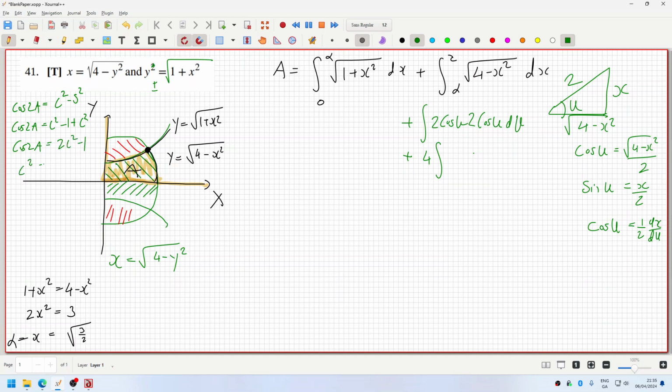So cos squared is cos 2a plus 1 over 2. So that will divide out a 2 there when you replace the cos squared with cos 2u plus 1 du. So that becomes 2 sine 2u over 2 plus u.